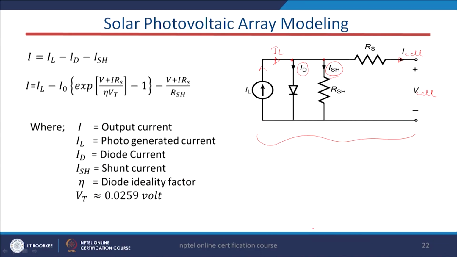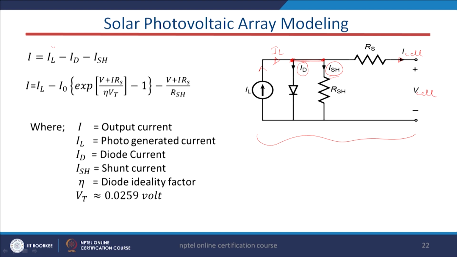Now, by applying Kirchhoff's current law, that is KCL, at this junction, the incoming current IL is equal to the summation of the outgoing currents. The outgoing currents are basically ID, ISH and I cell.